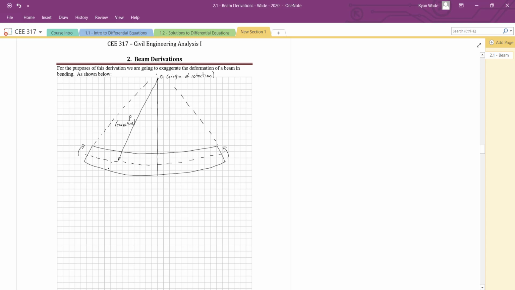And I'm going to draw another line kind of just to show curvature here. So I'm going to say that this is A prime, this point. This is D prime. This is B prime. And this is C prime. And then this angle here, because it's exaggerated, it looks really big, but we're going to call it delta theta. So there's going to be some change in angle that I'm going to be talking about.